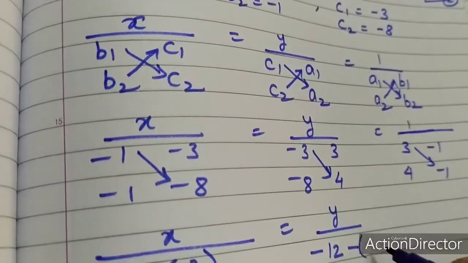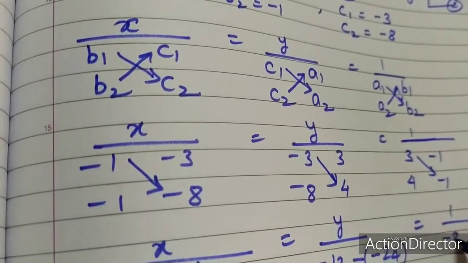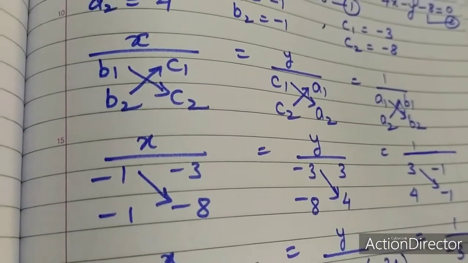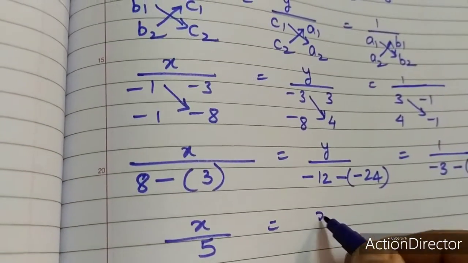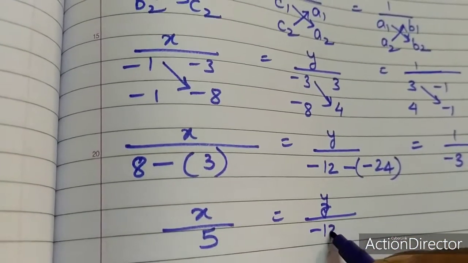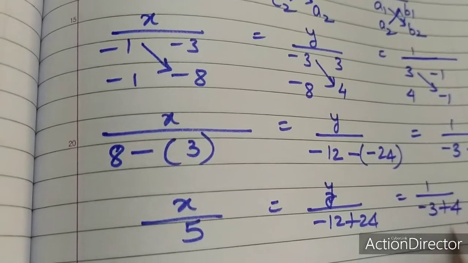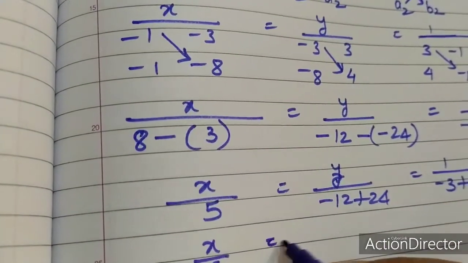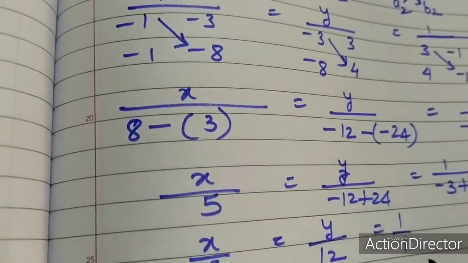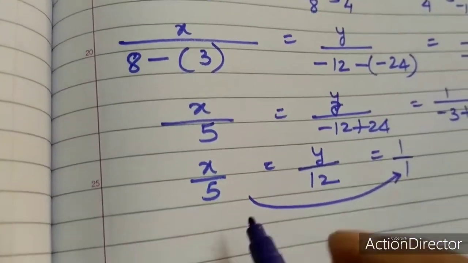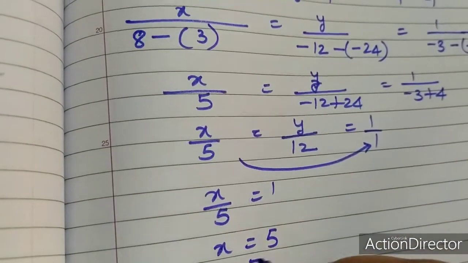एक माइनस फॉर्मूला -8 into 3 is -24 इक्वल टू 1 अपॉन ये दोनों मल्टीप्लाई हुए -3 फिर ये -4. x अपॉन ये आ गया 5. y अपॉन ये -12 प्लस 24 हो रहा है, ये 1 अपॉन -3 प्लस 4, तो x बाय 5, y बाय 12 क्योंकि सब्ट्रैक्ट करोगे इसको, और ये आ गया 1 अपॉन 1। अगेन इन दोनों को इक्वेट करेंगे तो x बाय 5 equal to 1, hence x is equals to 5.